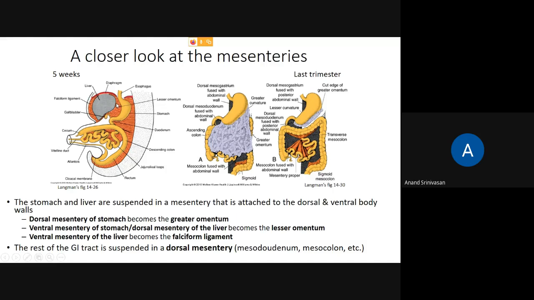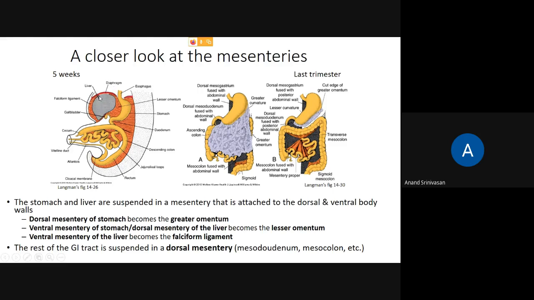This ventral mesentery is going and getting attached to the septum transversum, which later on gets modified into the diaphragm.